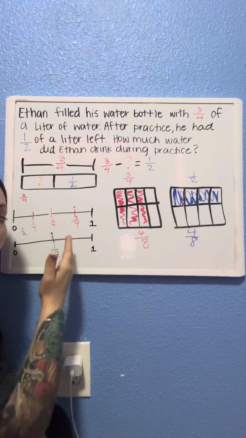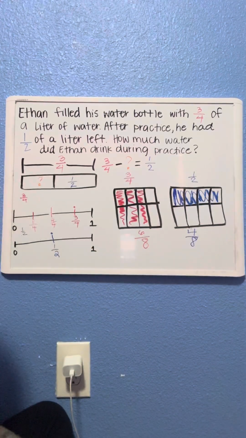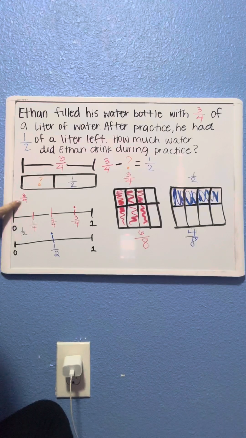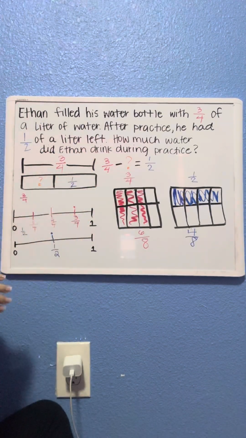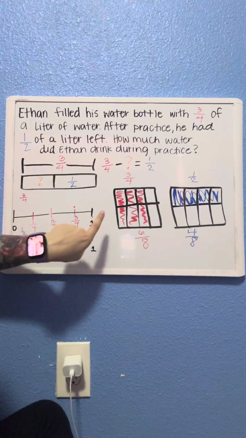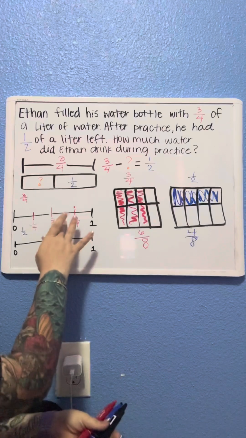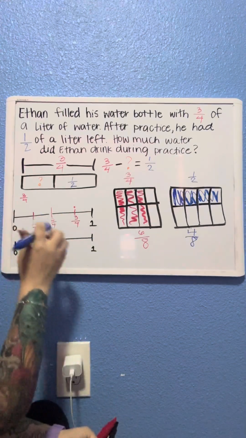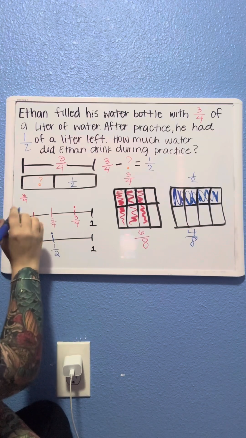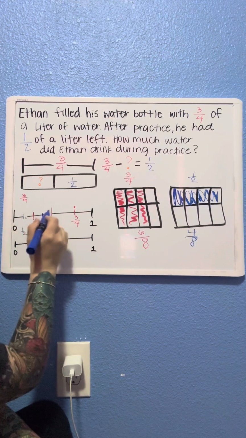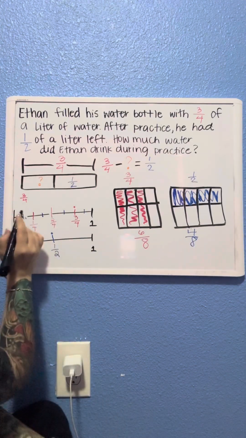Now we can divide each line the same way we did over here. So when we divided our 3/4, we split it by 1 line. So for each space here, we will also split it by 1 line, as even as you can make it.